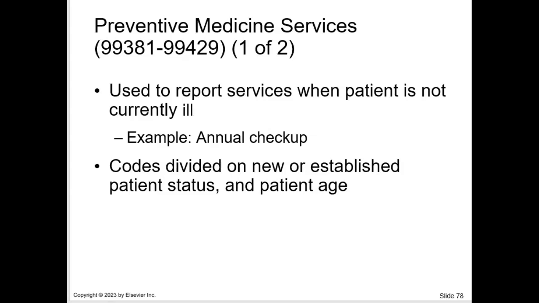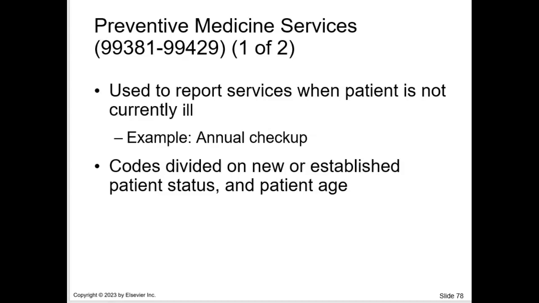All right, so as you can see here, these are new patient or established patient, correct? We need to decide which one it is first. Then it takes us to the right group. So with that, what you need to look at is the age on here. As you can see, there's no time limit, there's no medical decision making.